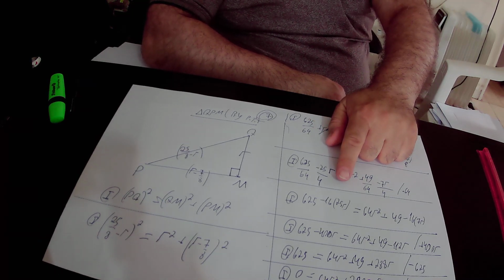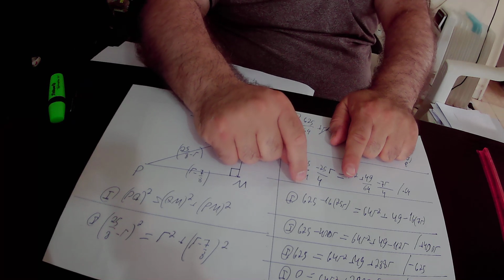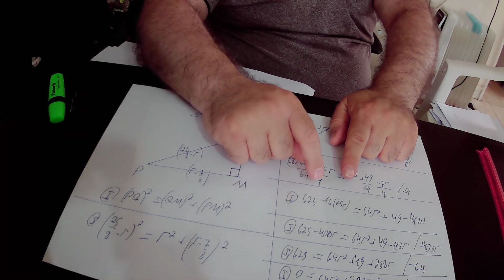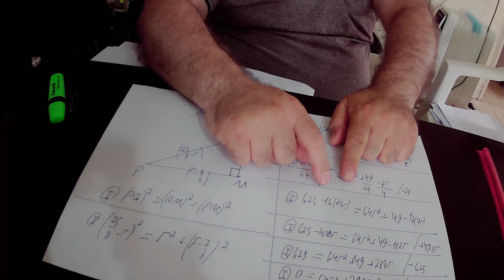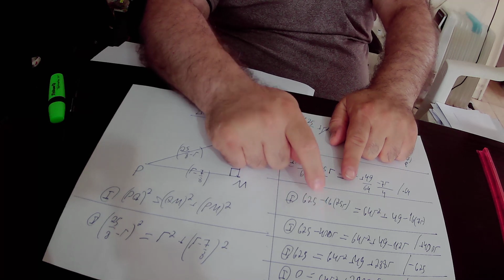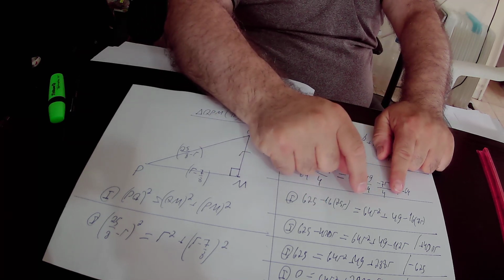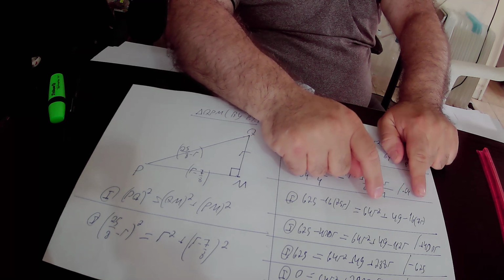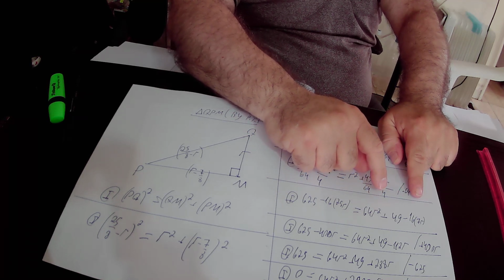So here we have, according to equation number 1, 625 minus 16 times 25R equals minus 400R. And this is equal to 64R squared plus 49 minus 16 times 7R, which is minus 112R.